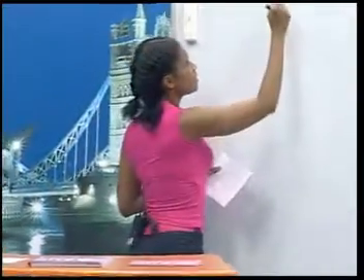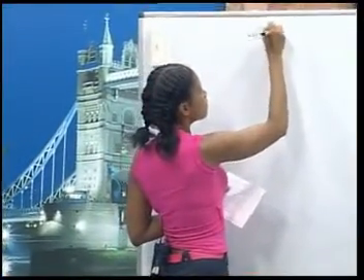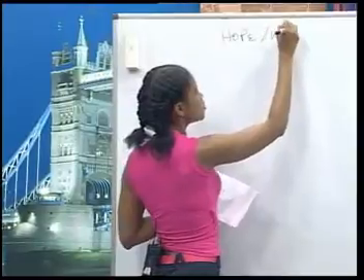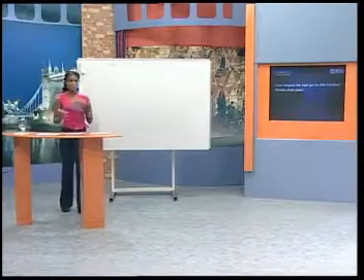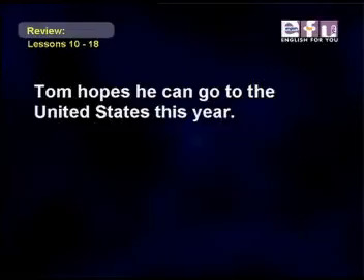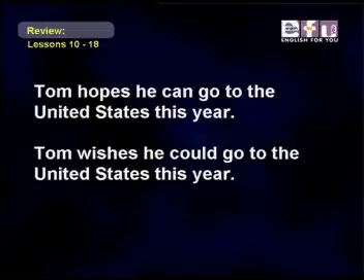Now let's finish our review by discussing hope and wish. Let's look at some examples first. Tom hopes he can go to the United States this year. Tom wishes he could go to the United States this year.